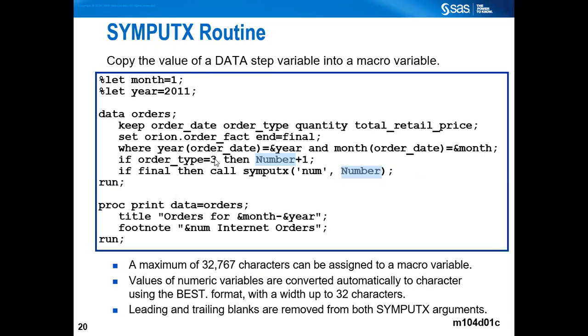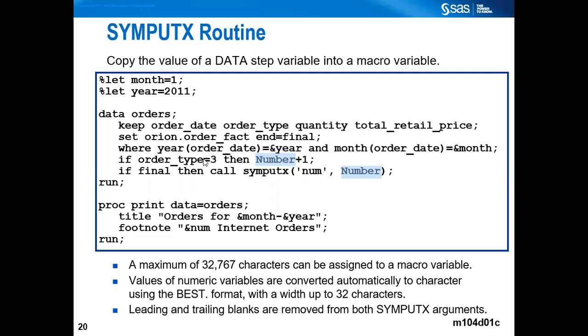Simply write if order type is 3, then number gets incremented. If it is final, then call symputx to create a macro variable num where the value is coming from your data step variable number. And in proc print, you simply write footnote in quotes ampersand num internet orders. Understood? Ampersand num internet orders.